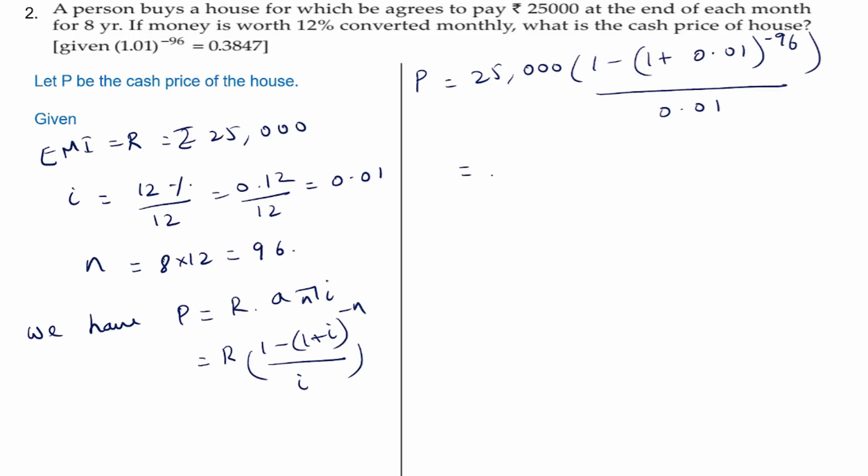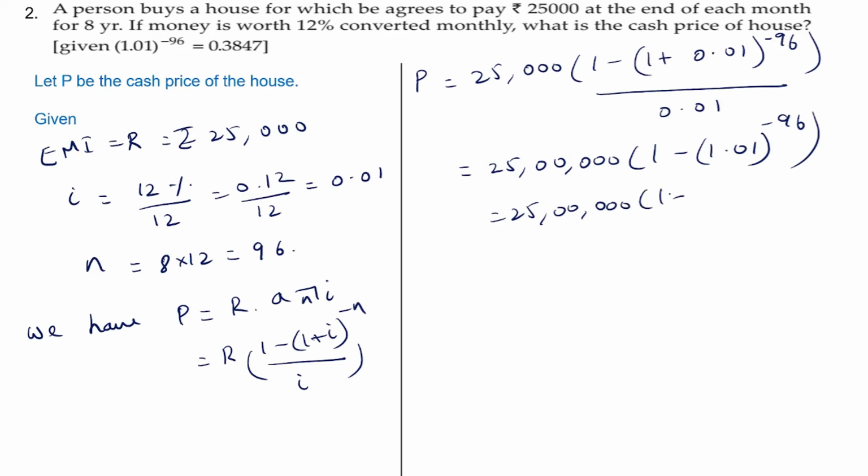So this is equal to 25,000 upon 0.01. It is 25 lakhs into 1 minus 1.01 the whole raised to minus 96, which is given as 0.3847.